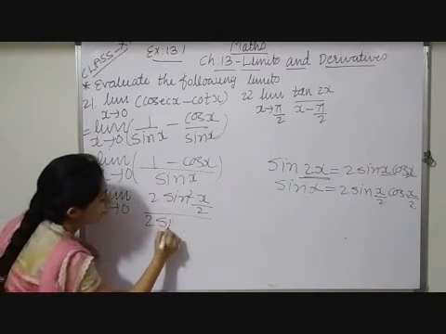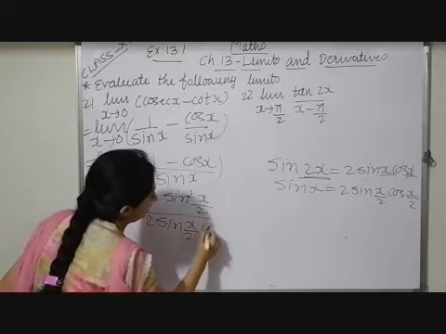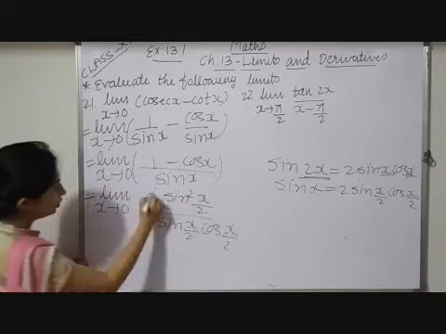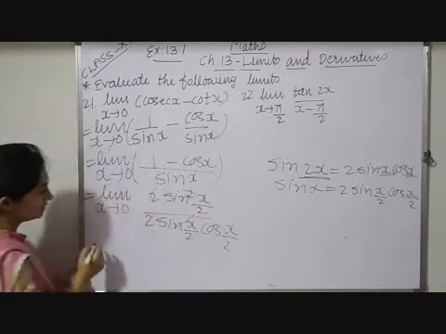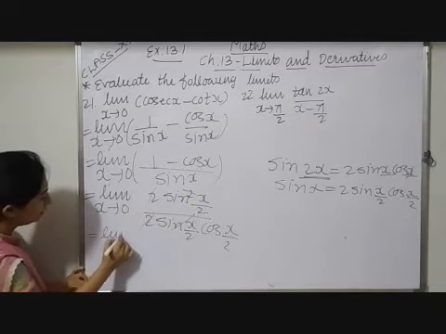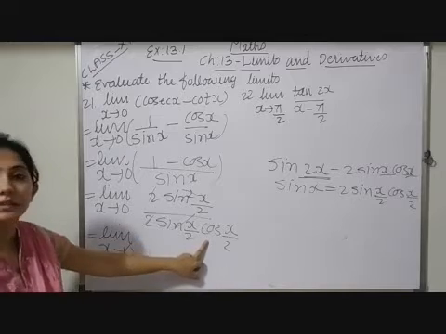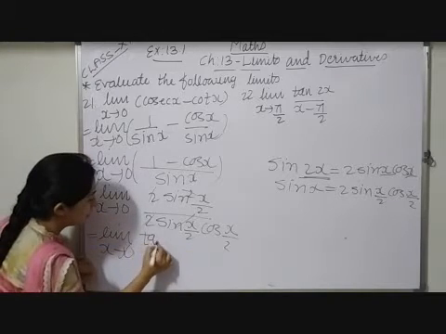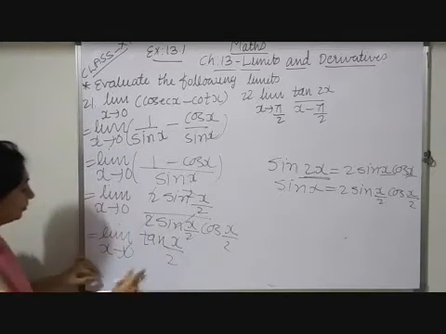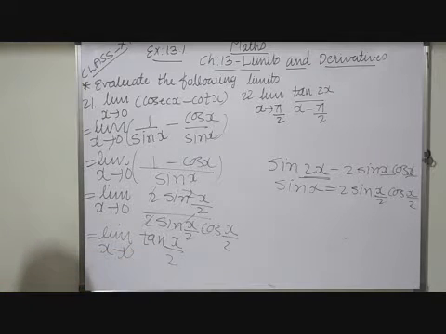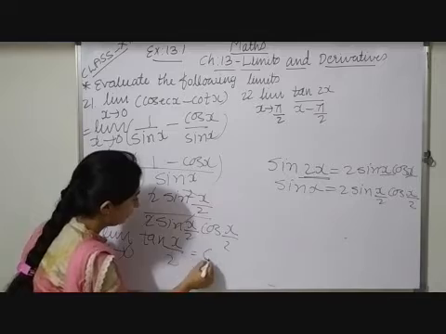So we'll get 2 sin x by 2 cos x by 2. 2 will be cancelled out, one sin also cancels out. So now we have limit x tends to 0 of sin x upon cos x, that is tan x by 2. So we'll have tan x by 2.